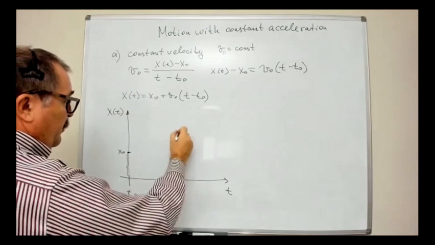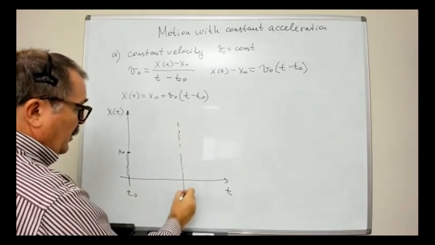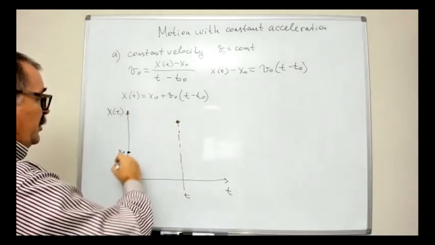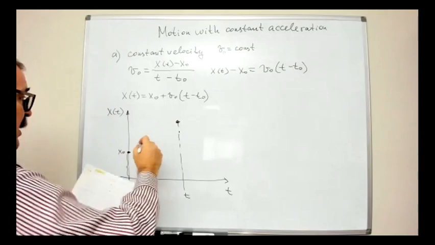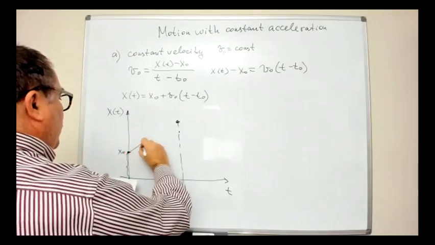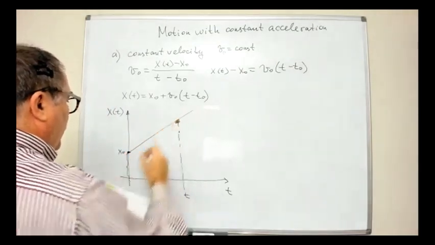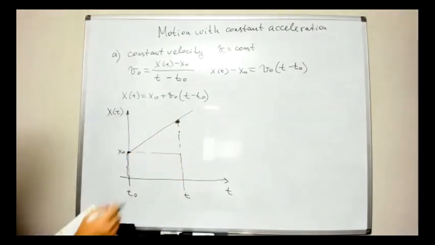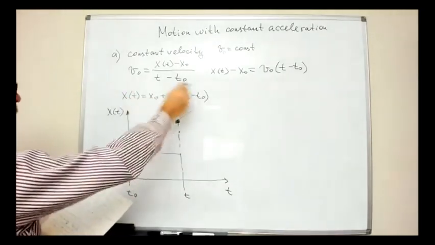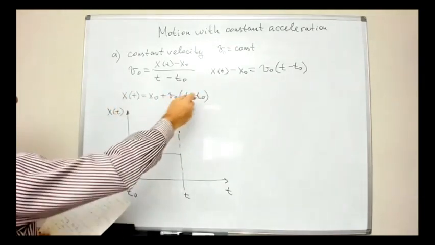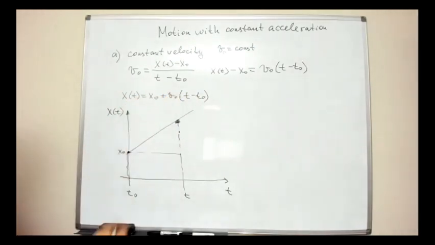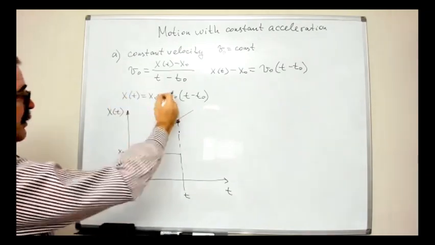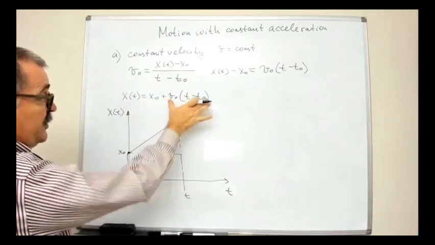So let's say this is a time t I would like to evaluate. The position of the object will be displaced up, and will be displaced uniformly in time. So this is the plot of that, which is a straight line, as you can see from this formula. The displacement delta x is equal to v0 times delta t.